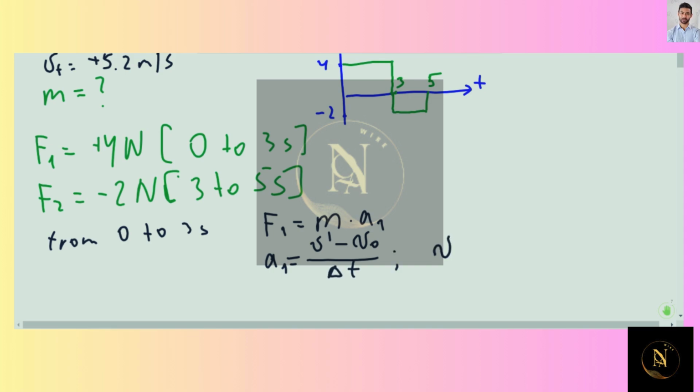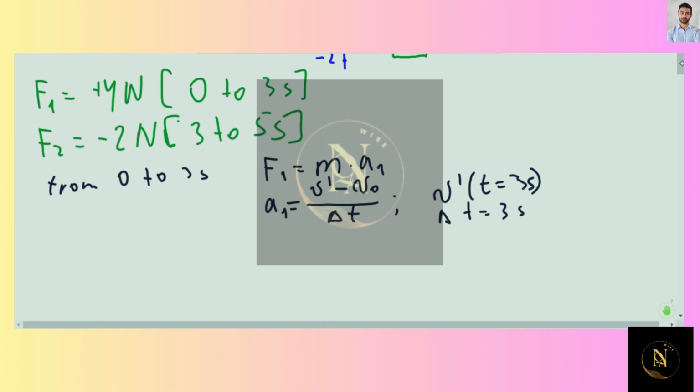Here v prime is the speed of the object after 3 seconds, at the end of the first impulse, and delta t is 3 seconds. Therefore F1 equals mass multiplied by the following.